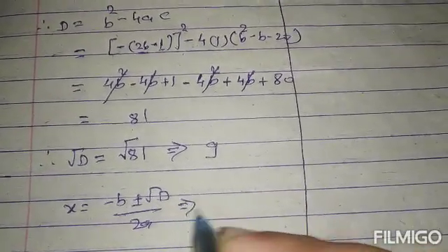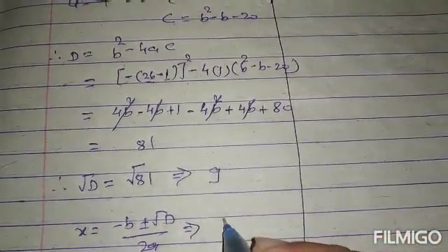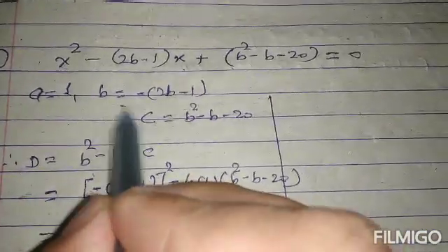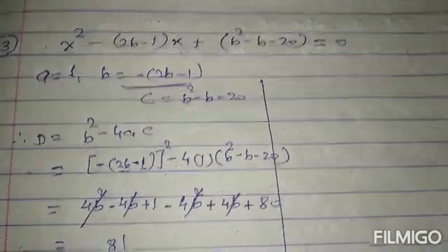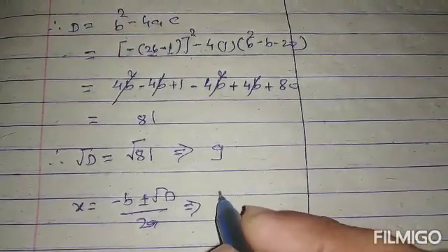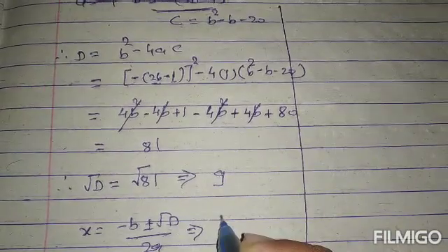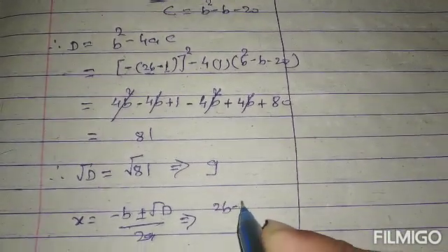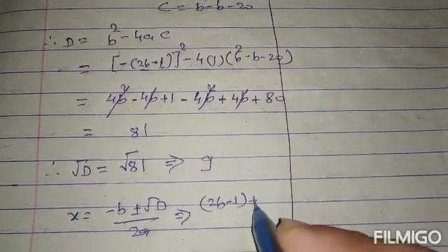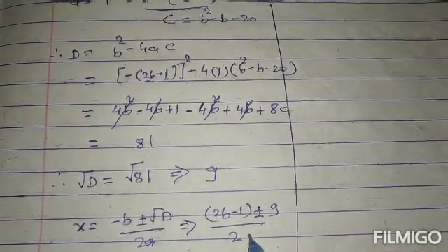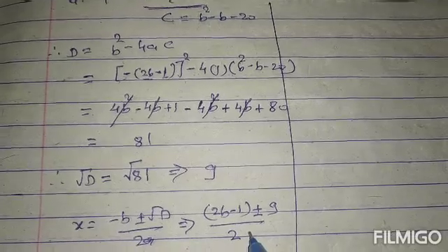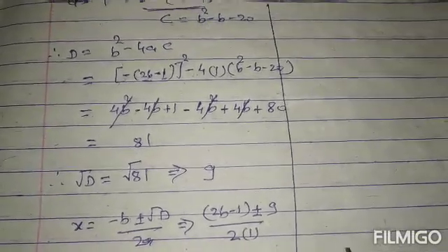So this implies the value of b is minus 2b minus 1. Therefore, this can be written as 2b minus 1 plus minus under root d, which is 9, upon 2 into a, and a is here 1.